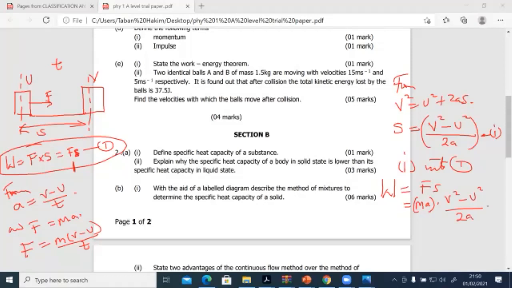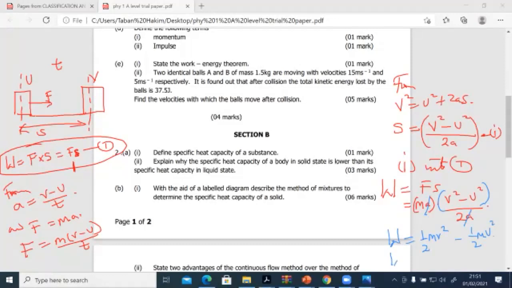From this equation, we can see that the A cancels out, implying that when I open the brackets, I end up with a half M V squared minus a half M U squared. This is the expression for the work.